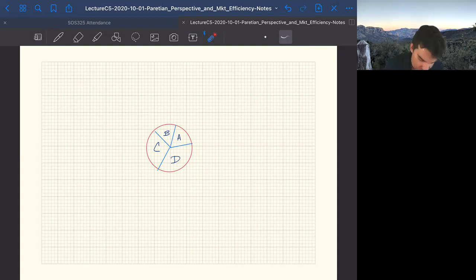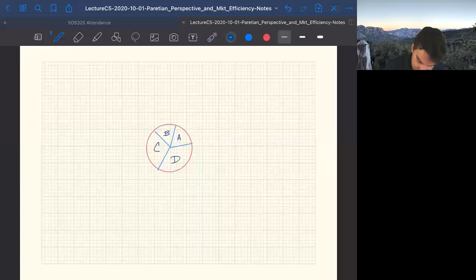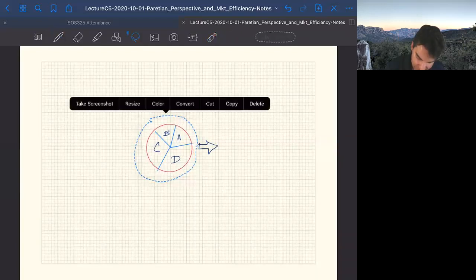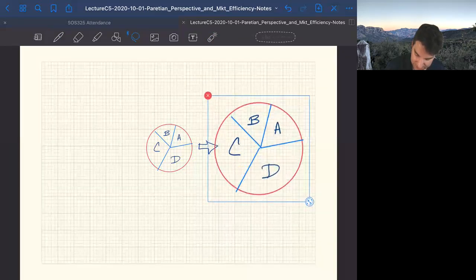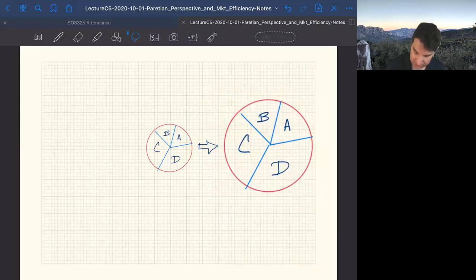So you can imagine that one way to do that is I can just take my exact same pie here, and I can just scale it up. I can take this and just make it bigger. And so that is one way to do that.